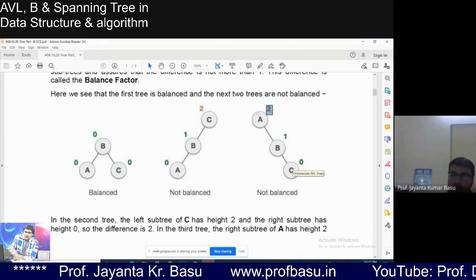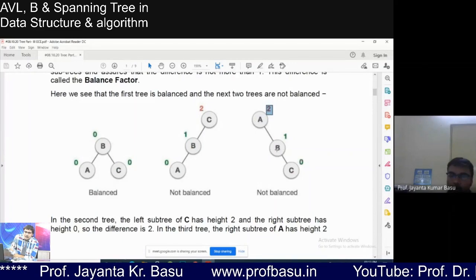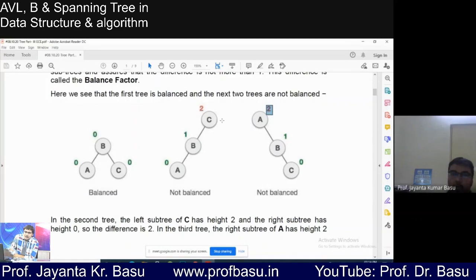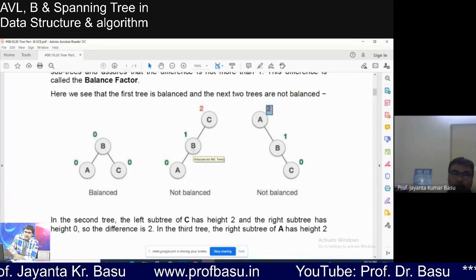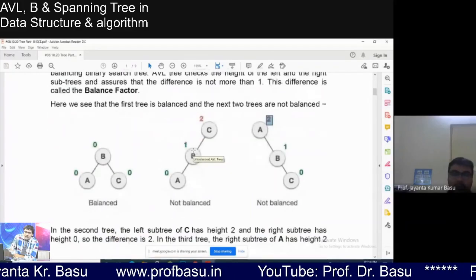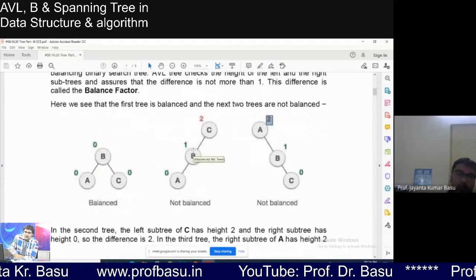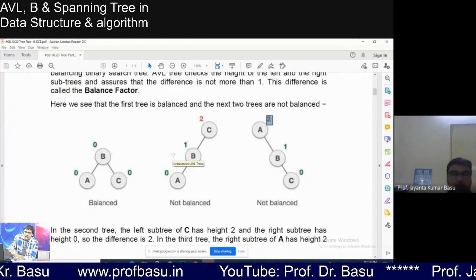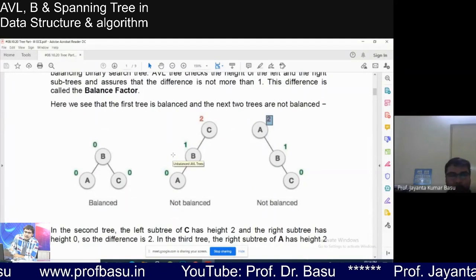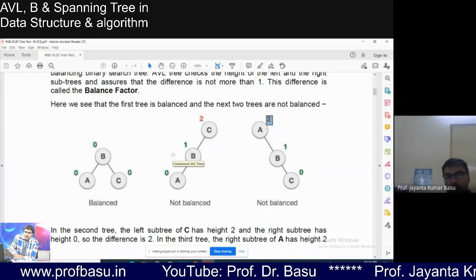Yes, sir. 2, this is 1 and this is 0, just like that. Okay. So the rule is for a balanced tree, each and every node must be assigned with the factor either minus 1, 0 or 1.